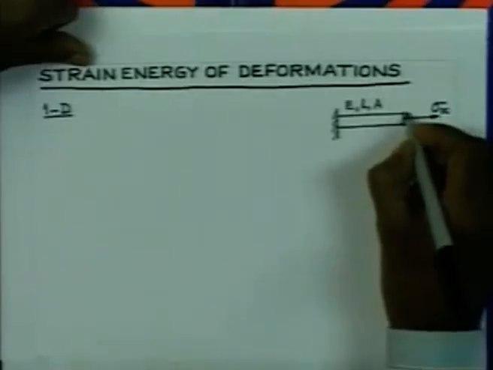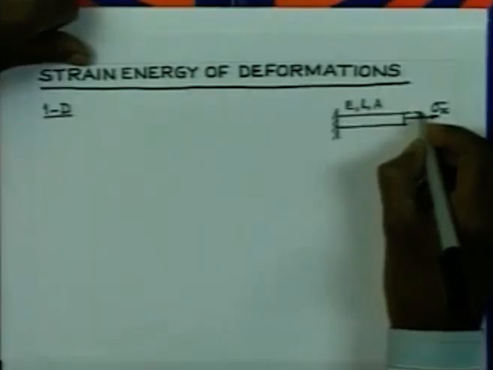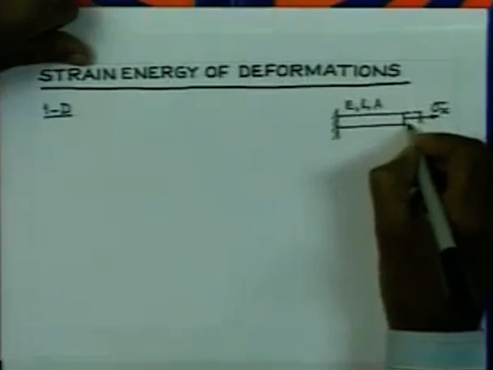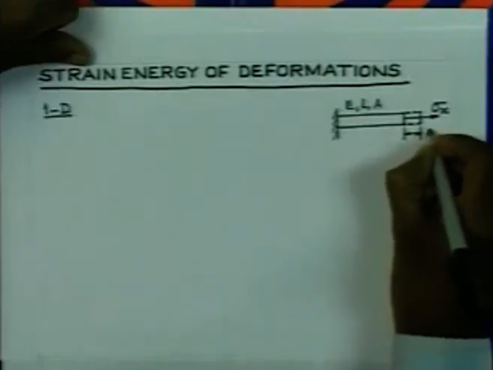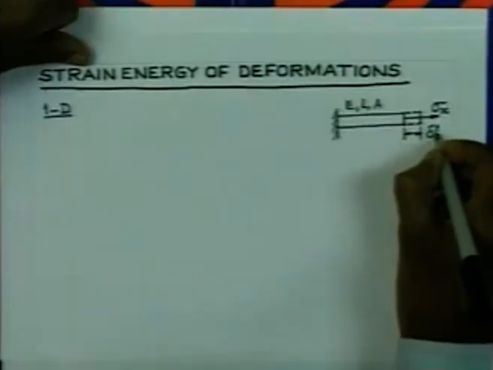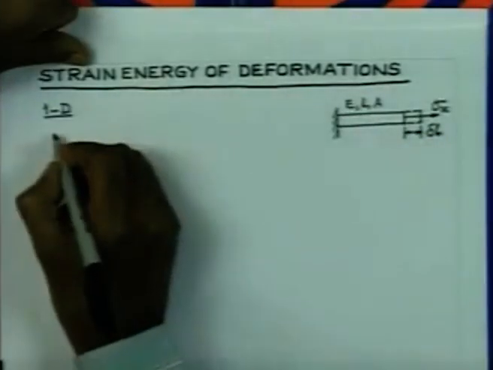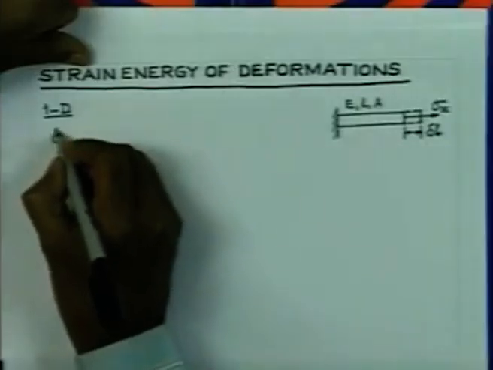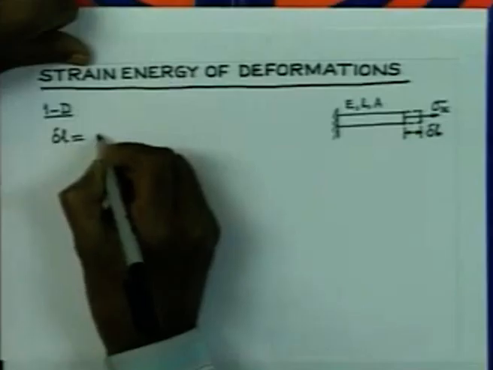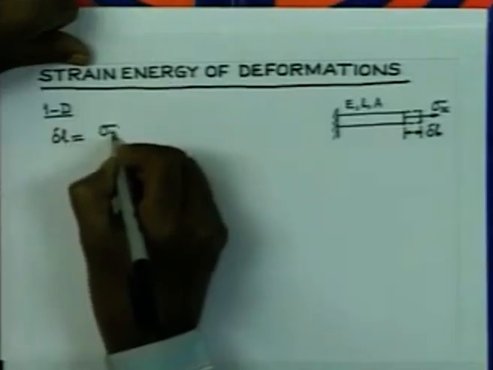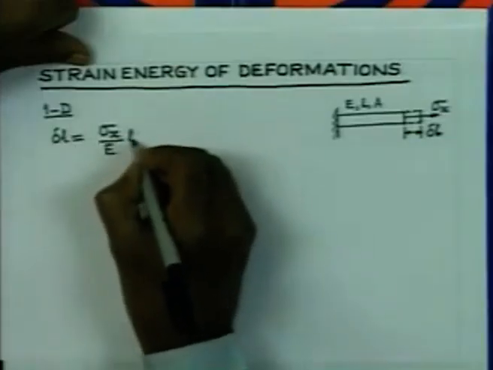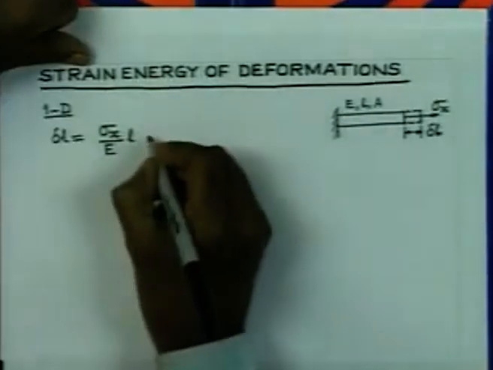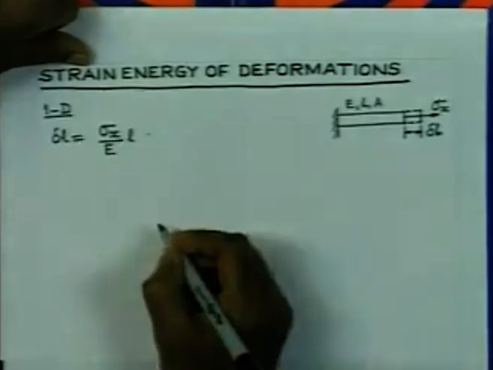Under the action of the load, it is going to expand, that means the point of application of the force is going to shift by a distance, let us say delta L. That is the movement of the point of application of the load, and this delta L is nothing but sigma x by E, the strain in the component, multiplied by L. So, this is nothing but strain into the length.